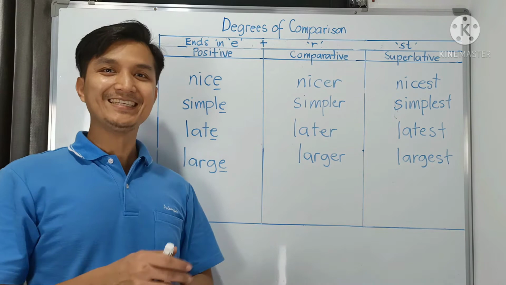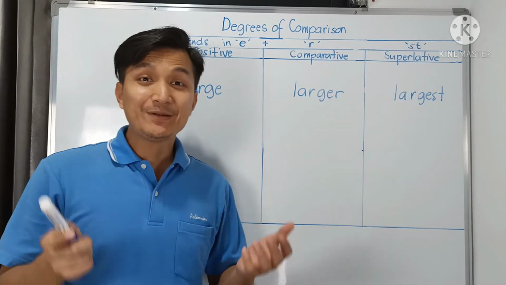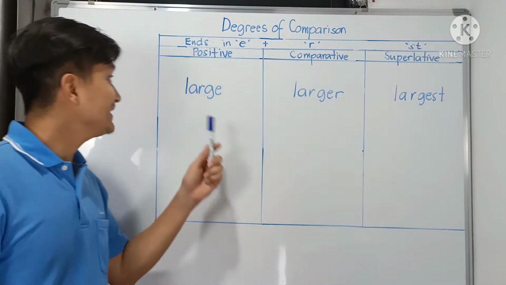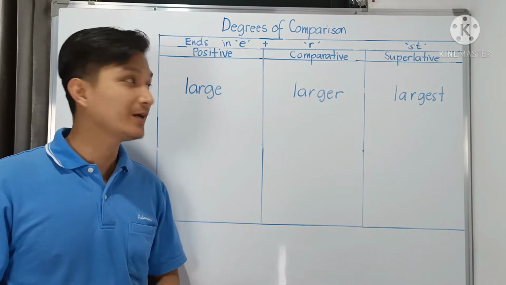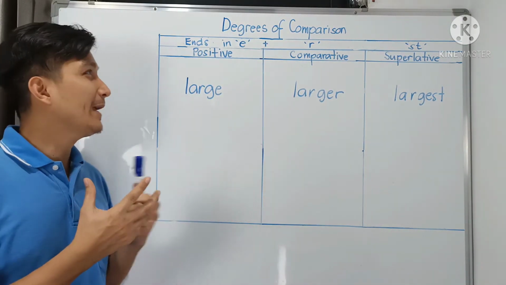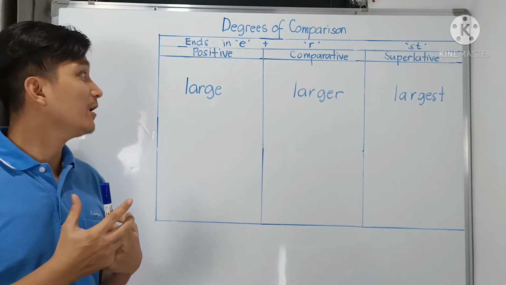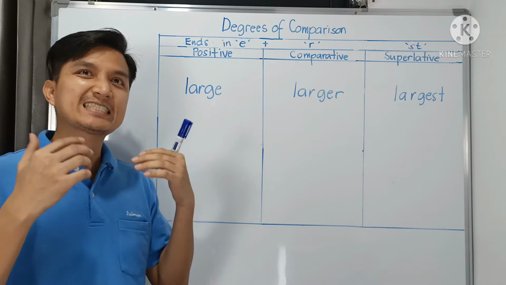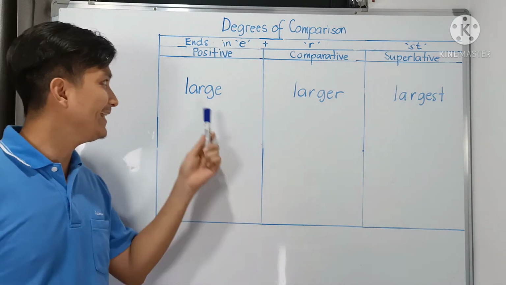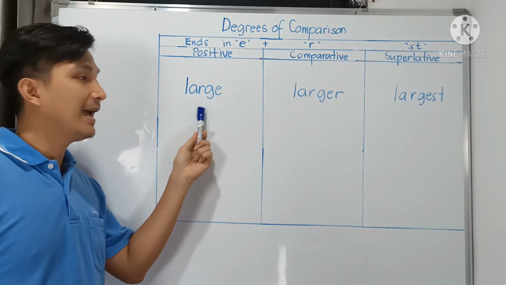It's very easy. Now students, let's use this adjective large so that we can understand it more. Large is a country, right? So Thailand is a country and it is large.